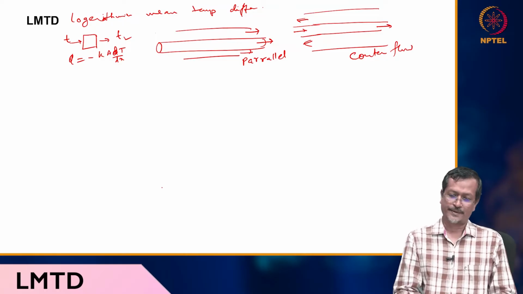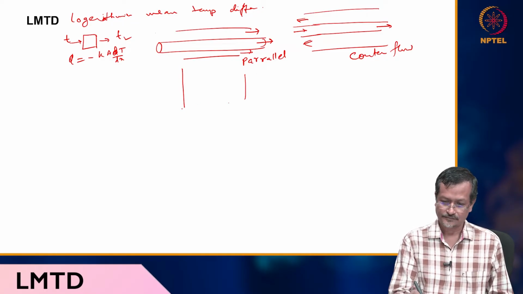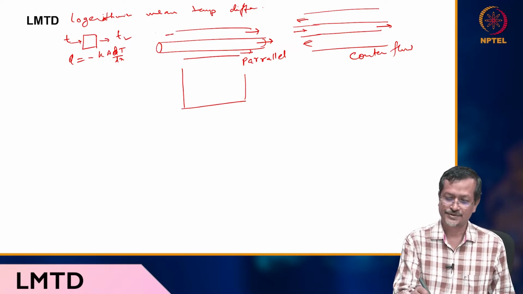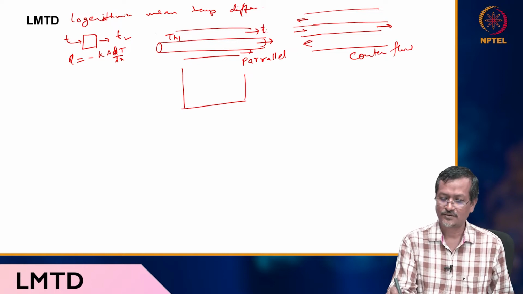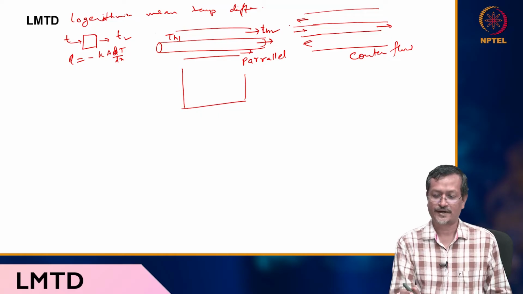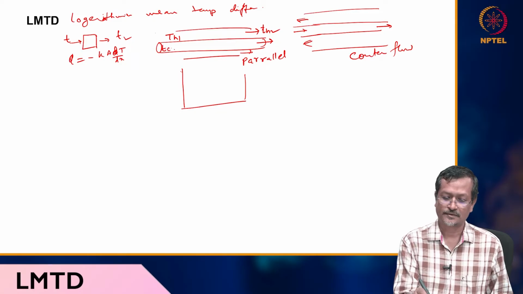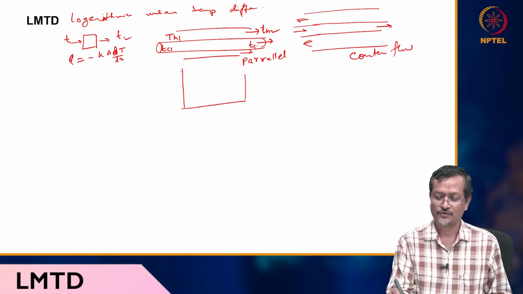So what happens in parallel flow? If I plot it, this is T hot 1, T hot 2. Let's say the outer pipe has the initial higher temperature T hot 1, and the inner pipe carries cold fluid, T cold 1 to T cold 2.